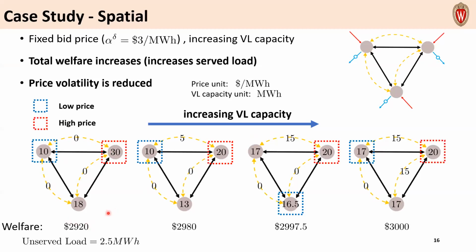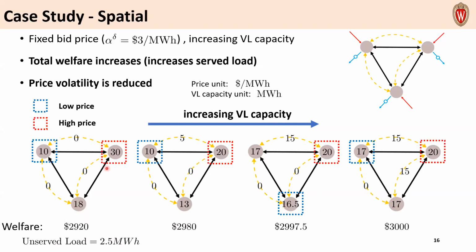We can see that as virtual link capacities increase, the total welfare increases. Along with that, virtual links allow for clearing loads that are unserved in the base case. Here in this base case where there's no virtual link, we have some amount of unserved load that is successfully cleared once virtual links participate in the market.